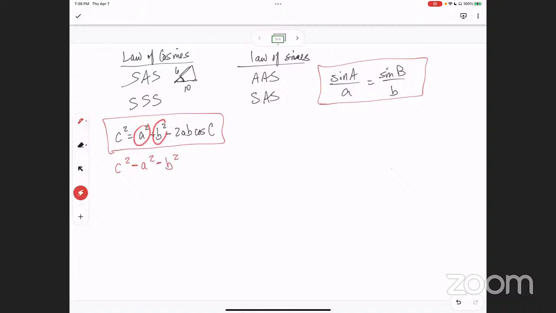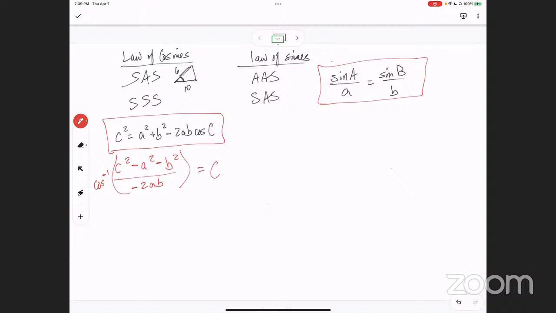And then I'm going to divide by negative 2ab. And then I'm going to take the cosine inverse to get rid of the cosine. So it would be cosine inverse of that whole mess equals C. So that's the other way you can write it.